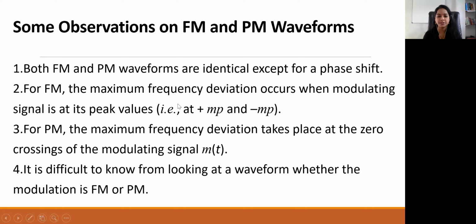This is the frequency deviation for FM, and for phase modulation we call it m of t. Here we are considering the phase, and phase varies with each incoming time. As the instantaneous time changes, your phase is also changing. So here we define the frequency deviation in terms of m(t).